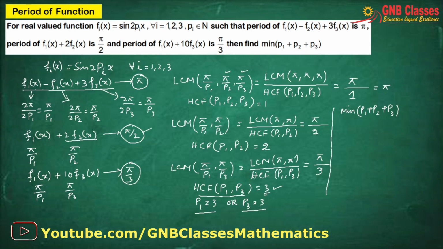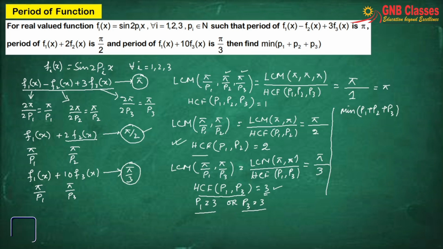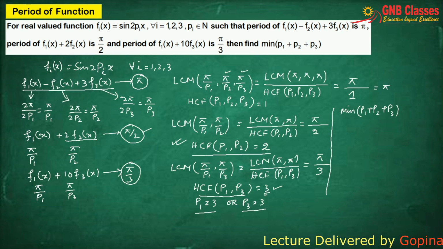Think about it. Before taking any decision, you have to see the second part. In the second part, they have given that HCF of p1 and p2 is 2. That is, one of p1 and p2 is 2 and the other one is a multiple of 2. Is it clear?